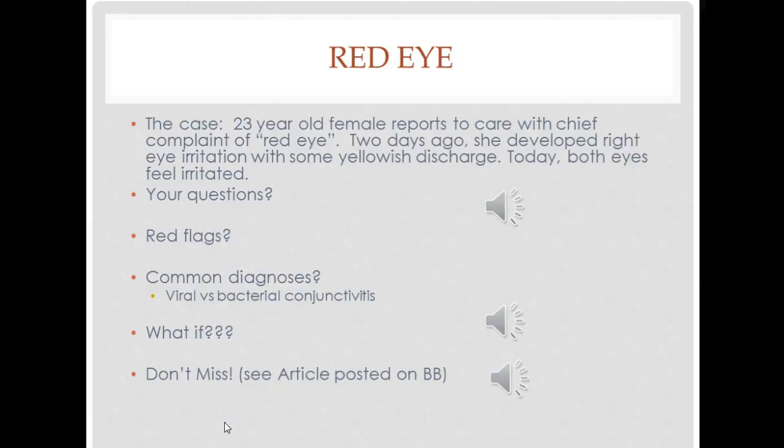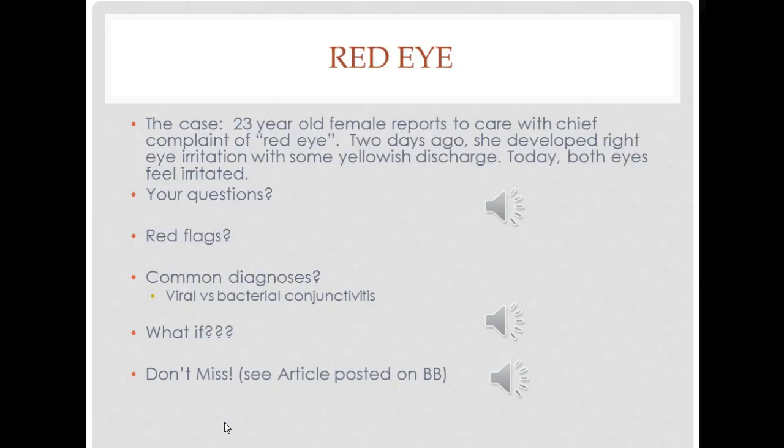So we now have kind of a working diagnosis in our head. We think that just by her story, she probably has a bacterial infection, bacterial conjunctivitis. Also, of course, she could have had a viral conjunctivitis. And the kinds of questions that might have led us down that pathway, the answers to which would be something like a concurrent runny nose, cold symptoms, whether or not she had kind of developed both at the same time, that would lead us more towards the virus.